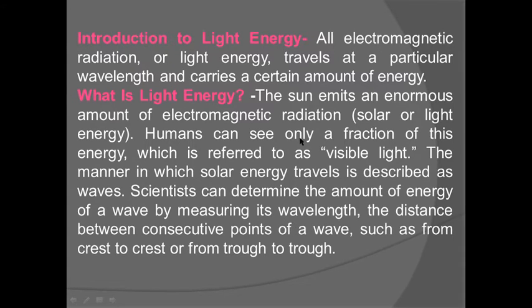Humans can see only a fraction of this energy, which is referred to as visible light. The manner in which solar energy travels is described as waves. Scientists can determine the amount of energy of a wave by measuring its wavelength, the distance between consecutive points of a wave, such as from crest to crest or from trough to trough.